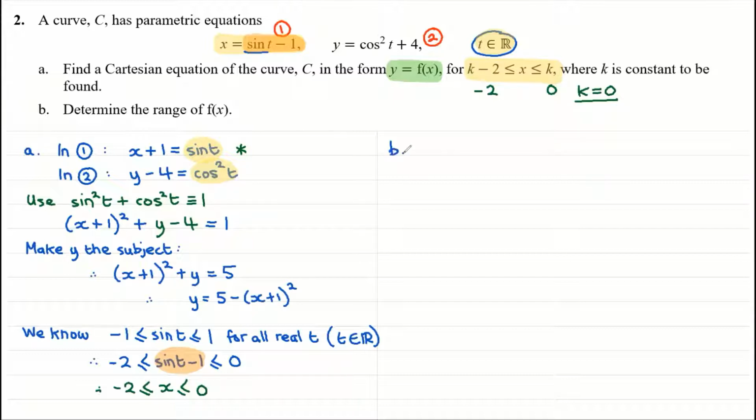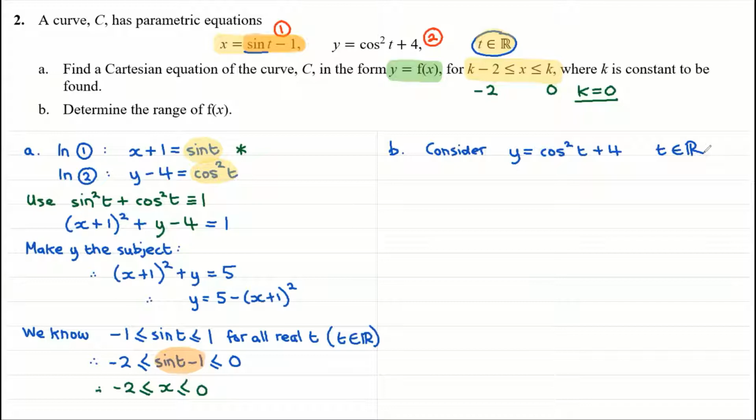So for part B, we're going to consider for the range, remember the range is the y values. So we're going to use y equals cos squared t plus 4, and t is any real number. So we've just got to figure out what would be the range of values of y for this.